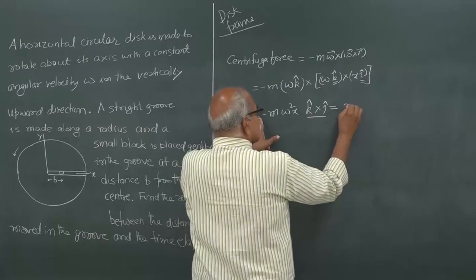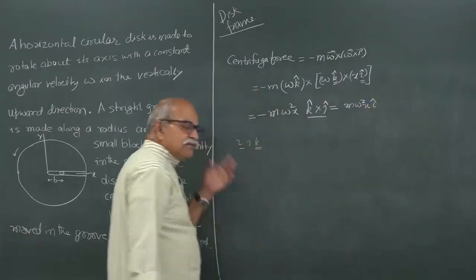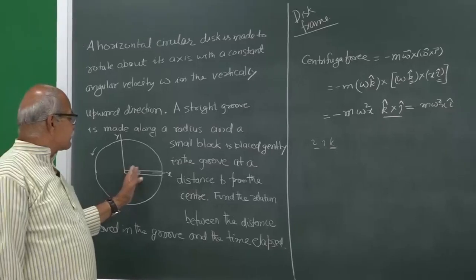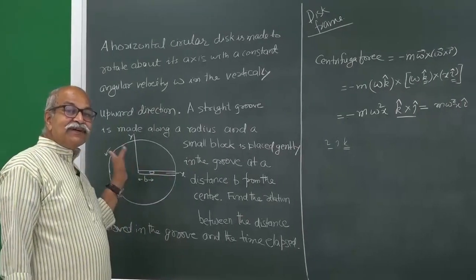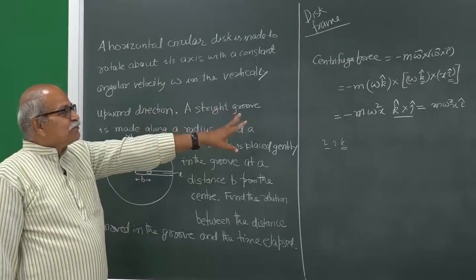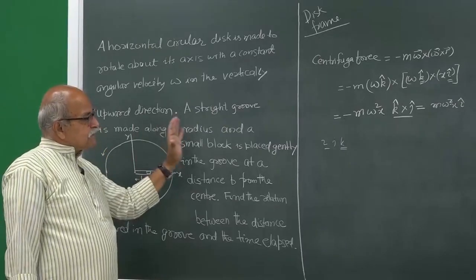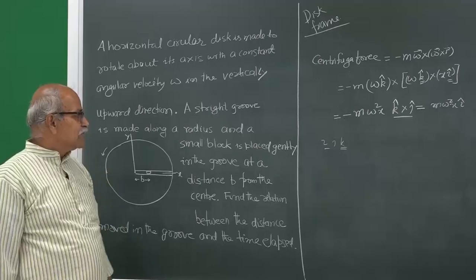So, it is m omega square x i cap, right. We have said it several times, m omega square times the distance from the axis is the magnitude of the centrifugal force, and it is away from the axis, right. So, that is the centrifugal force.